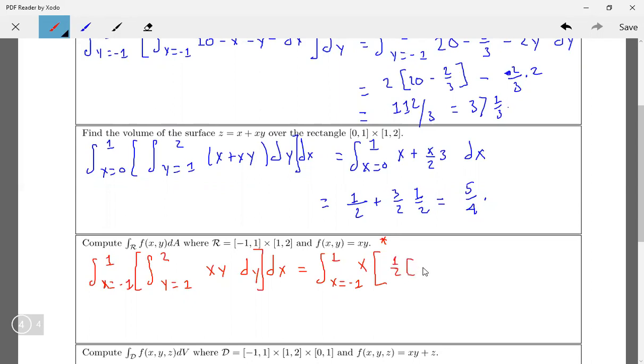So this is 1/2 times 4 minus 1 dx. So 4 minus 1 is 3, so this is 3/2. And now this is the integral from x equals -1 to 1 of x dx. You could just compute this, but this is an odd function going from -1 to 1. So this is equal to 0.